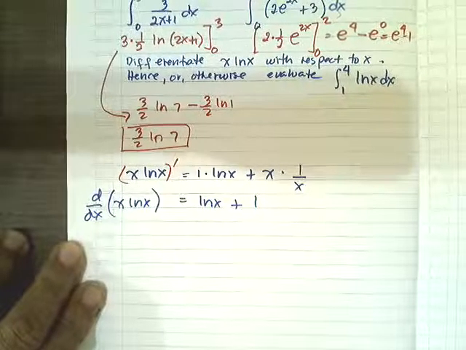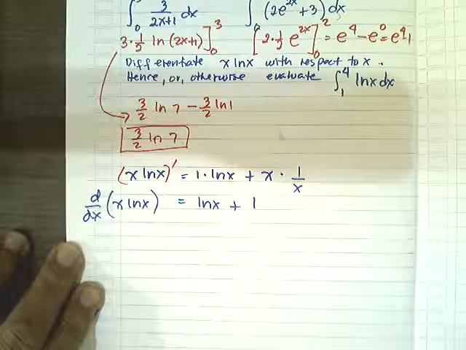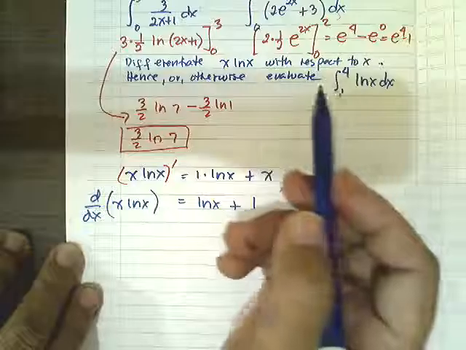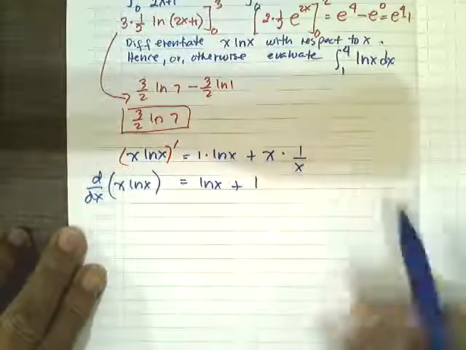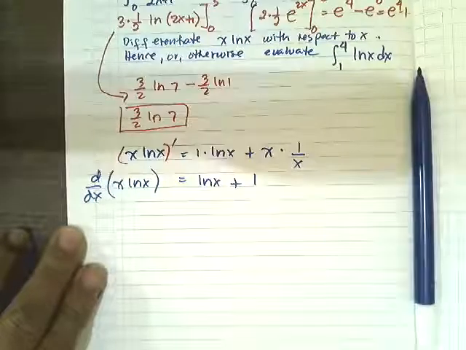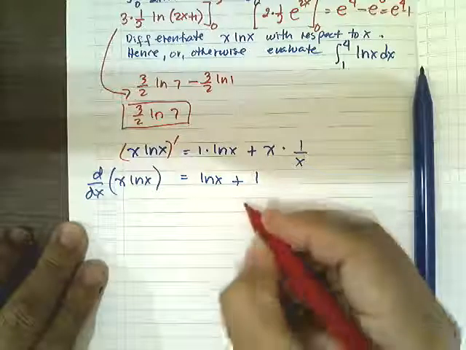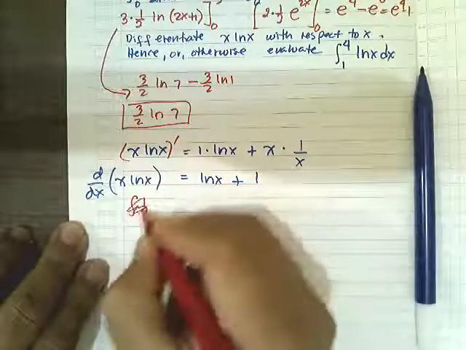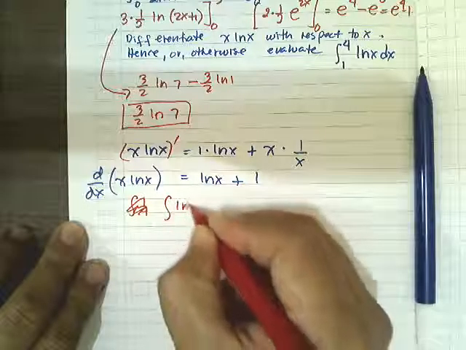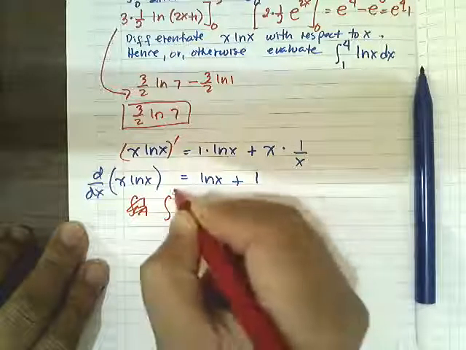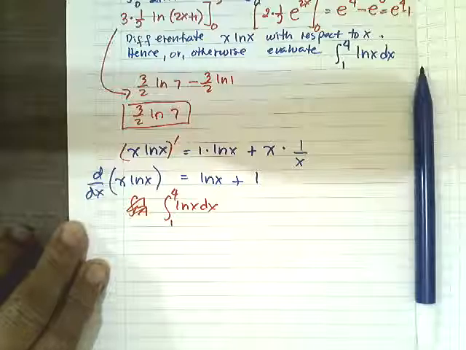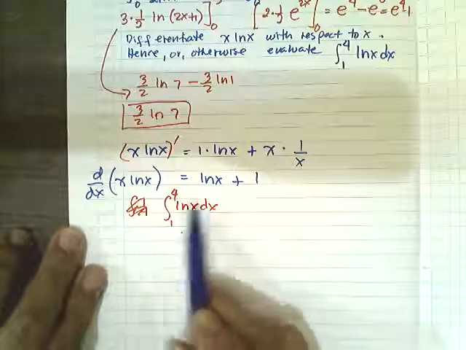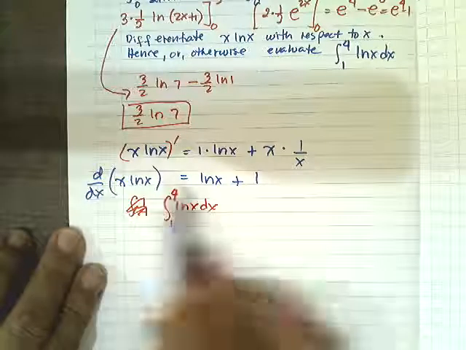Now, the question is, find the integral, hence or otherwise. So we're looking for the integral of ln x dx from 1 to 4. So what we're going to do is derive this expression from here.